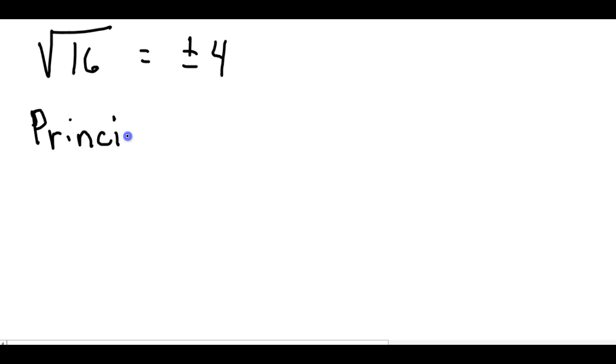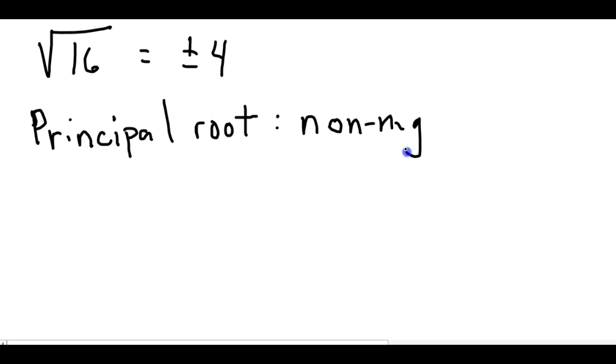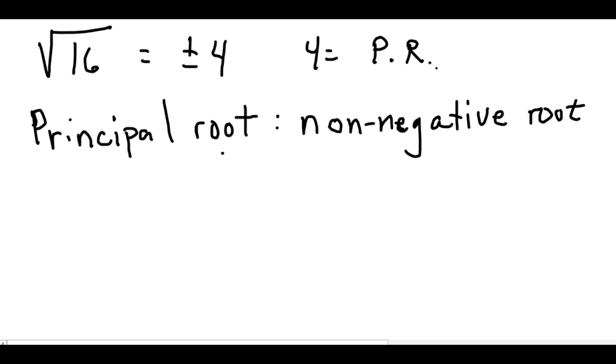Principal root is the positive, the non-negative root. So in this instance, which one is our principal root? 4, right. So 4 equals the principal root, which I just abbreviated as PR.